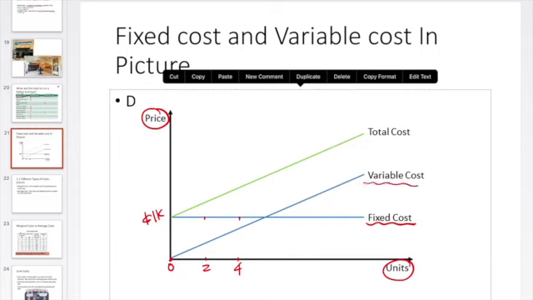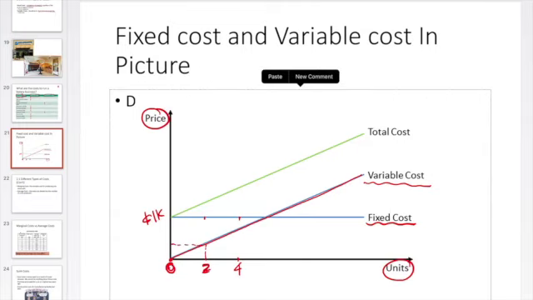But the variable cost, the other line, is a diagonal line. It means the more products you make, the more you spend. So if you make 0, you spend 0 for variable cost. If you make 2, you spend a little bit more. That might be 400.